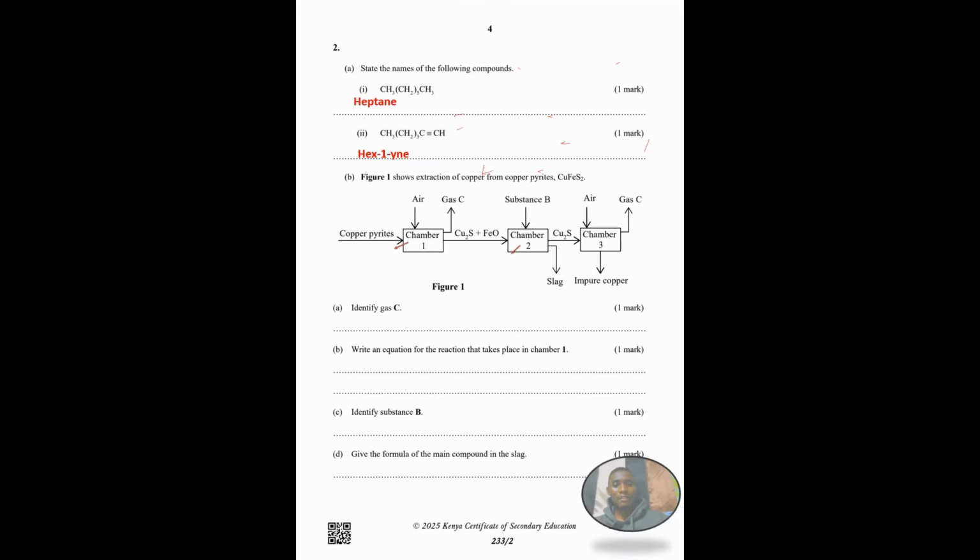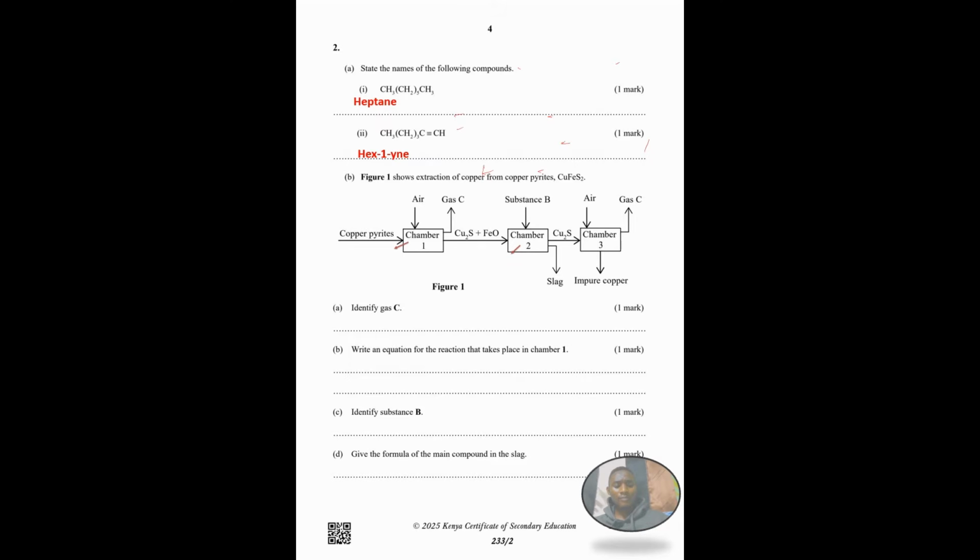sulfur 4 oxide gas, which is released and can be subjected to another industrial process, the contact process in the manufacture of sulfuric acid.